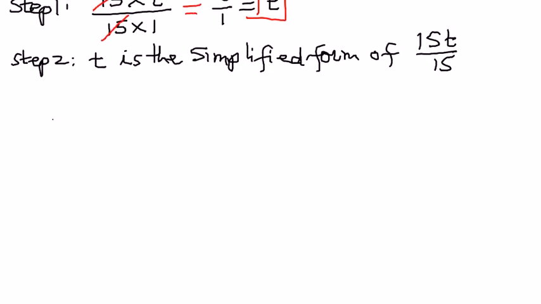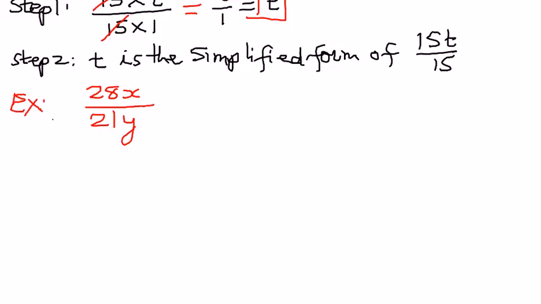In this example, we want to write 28x divided by 21y in its simplest form.